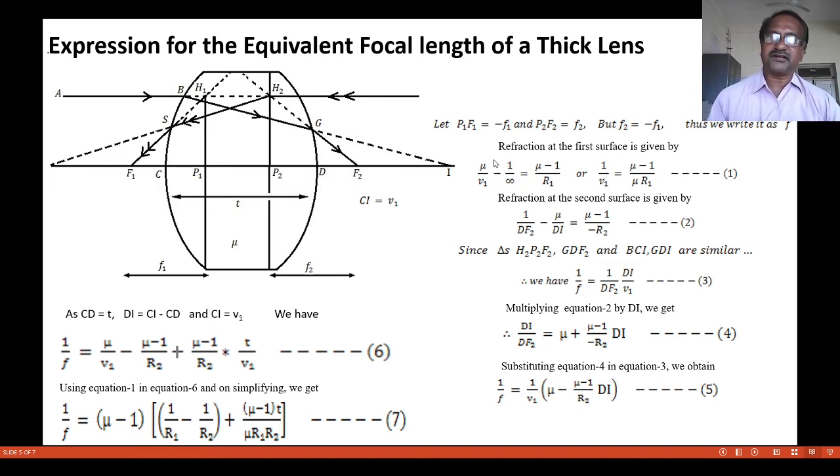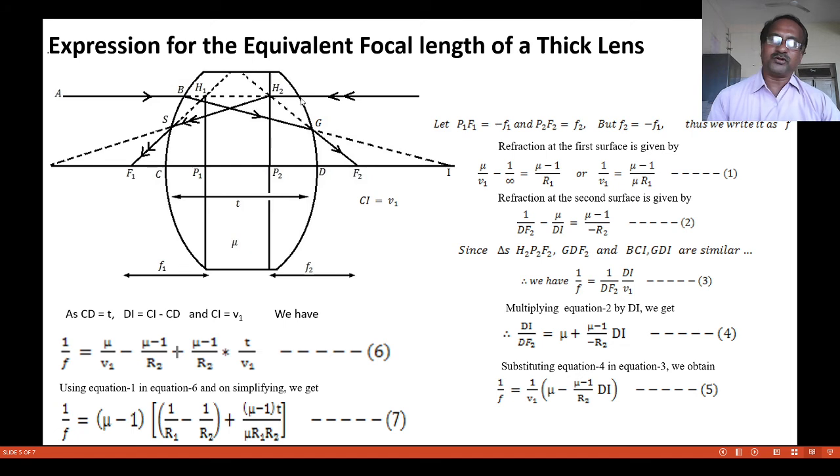In the previous sessions, we had come across an equation for refraction at a spherical surface, that is mu2 by v minus mu1 by u is equal to mu2 minus mu1 by R. Now, applying the same formula to this surface, we write mu by v1 minus 1 by infinity, because u is at infinity, since this light is incident parallel to the axis, is equal to mu minus 1 by R1, or else on rearranging we get this equation.